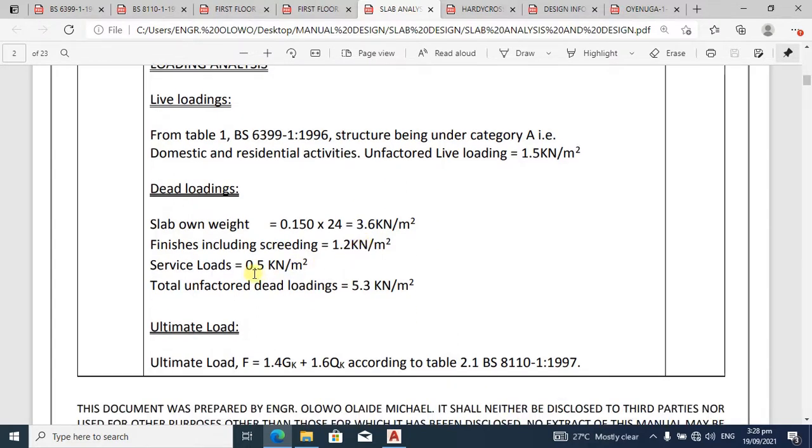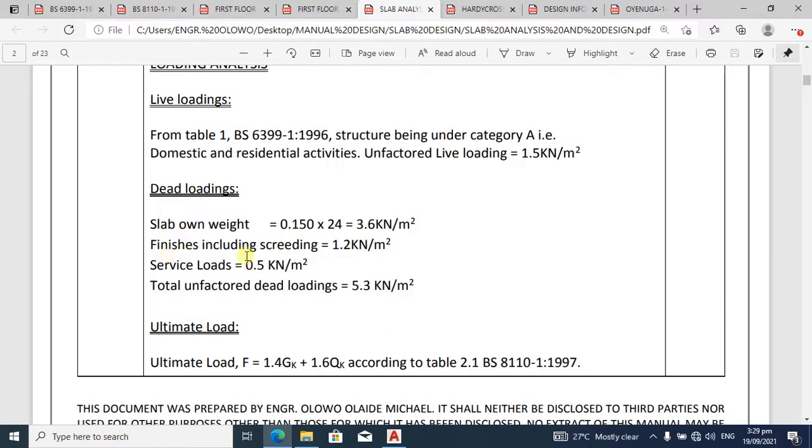What is the dead loading? Dead loadings are the loadings or the weight of permanent structures, permanent features on the slab. When you talk about the self weight of the slab, that is dead load, because it is permanent.